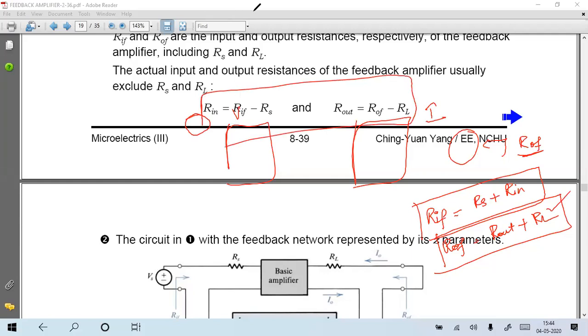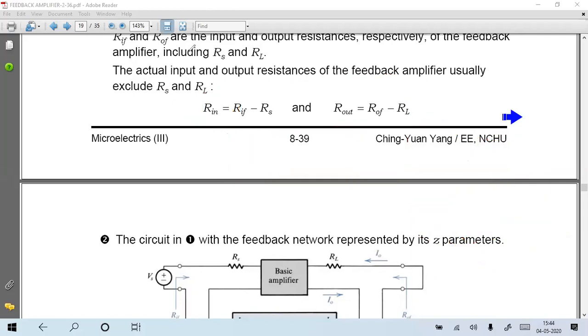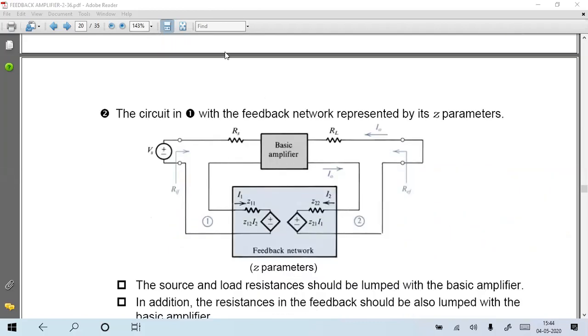Next, I am going to replace the feedback network by the corresponding two-port network. Now which one is it matching? Here it is showing the impedance network. We will compare with our two-port network dependent parameters. See here, on the input side, which one is constant? I is constant, because in series the current will be constant.